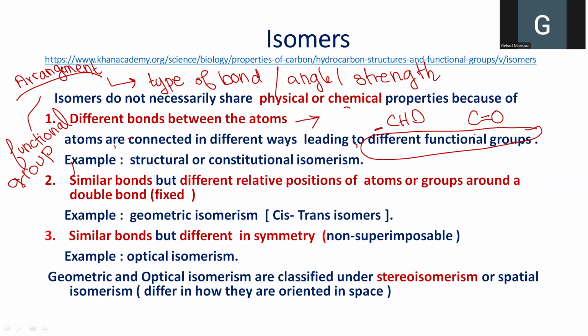And every time you find C double bond O, it is a ketone, or a ketose in the case of a sugar, and it will react the same in all chemical reactions.